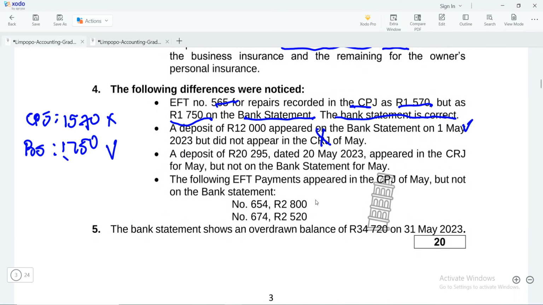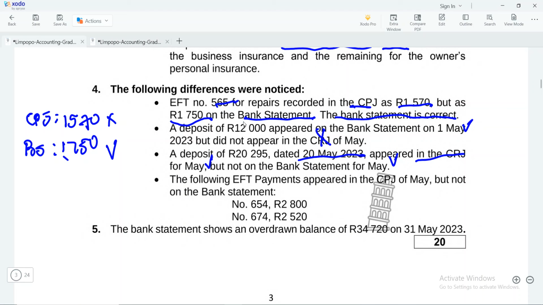Okay, so now the next part, they're saying a deposit of 20,295 dated 20 May 2023 appeared in the CRJ for May, but not in the bank statement for May. So this will be our credit outstanding deposit, because why?